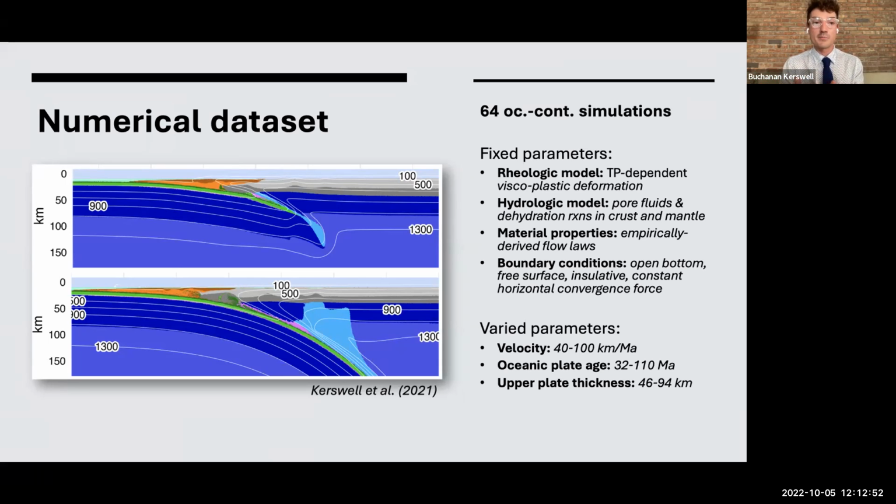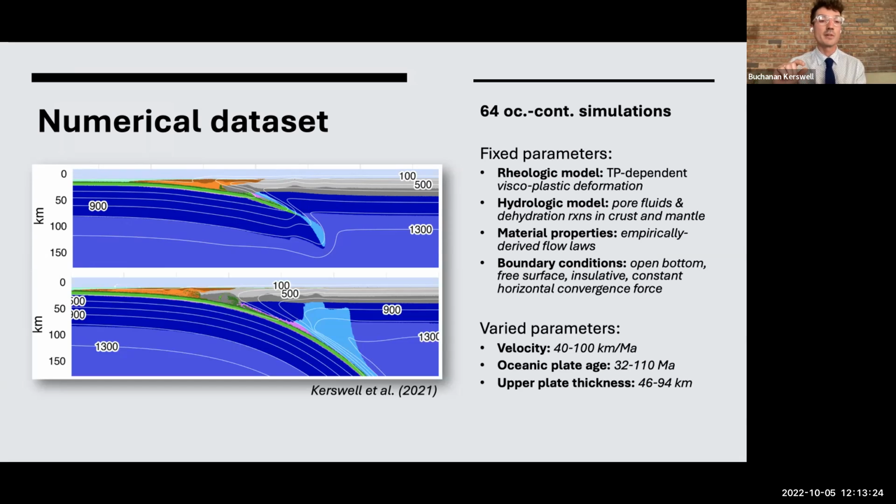In the models themselves, the parameters that are fixed or controlled for are the rheological model: we use temperature- and pressure-dependent viscoplastic deformation in the whole model domain. The hydrologic model is fixed. It involves the expulsion of pore fluids and connate water in sediments and oceanic crust, and then a continuous dehydration relating to eclogitization of the oceanic crust.